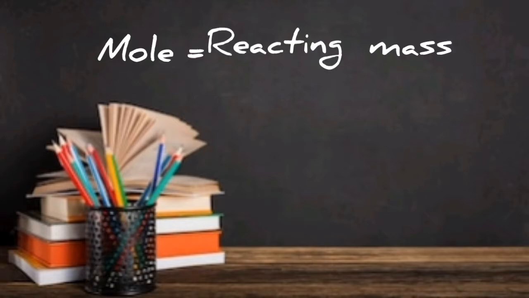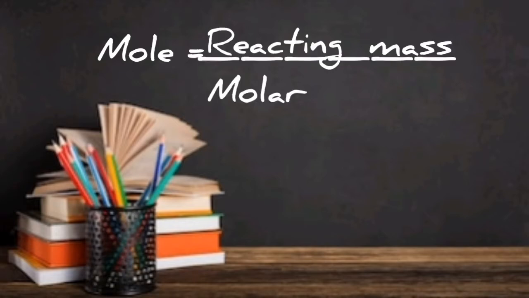Let's say you are told to find how many moles there are in 30 grams of calcium chloride. Since the mole is the reacting mass divided by the molar mass, which is also known as the relative molecular mass, we are going to find the relative molecular mass of calcium chloride first before we can find the mole.